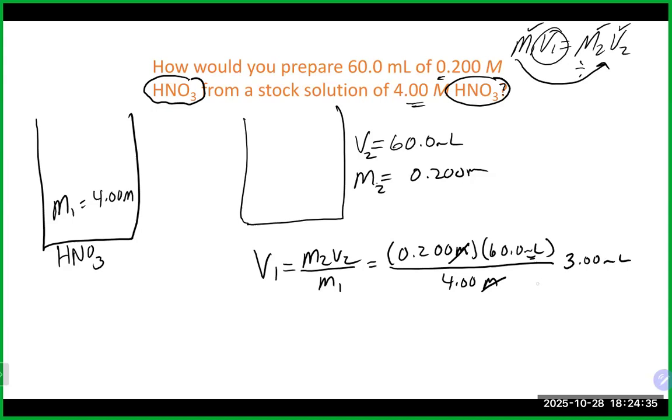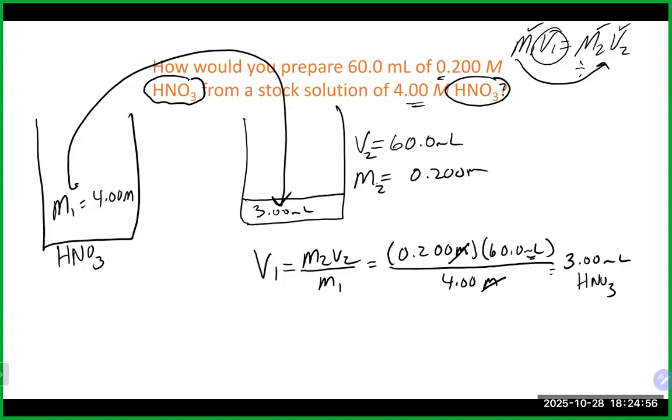First off, any questions on that calculation so far? That 3 milliliters of nitric acid is what we're going to take from the more concentrated solution and put into our new solution. So we add about 3 milliliters of the more concentrated nitric acid.